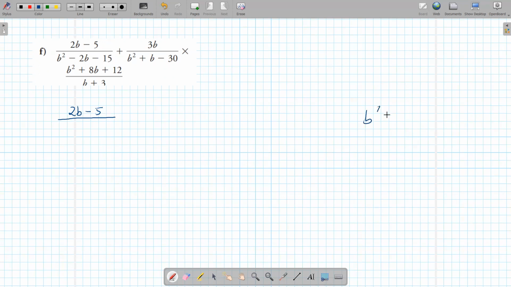So b squared minus 2b minus 15 multiplies to negative 15, adds to negative 2. It's negative 5 and 3. Yeah? B minus 5, b plus 3.